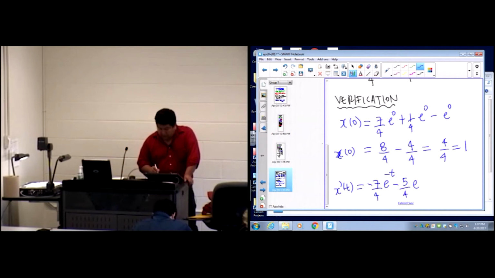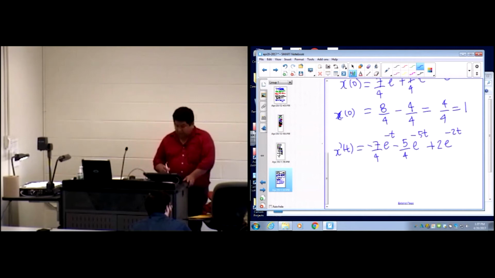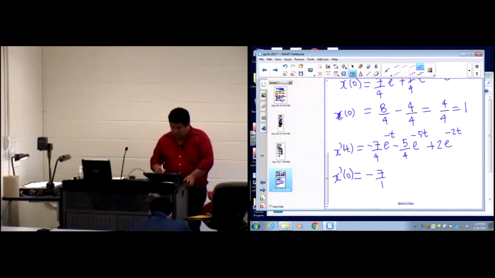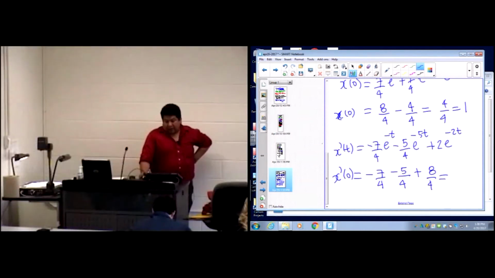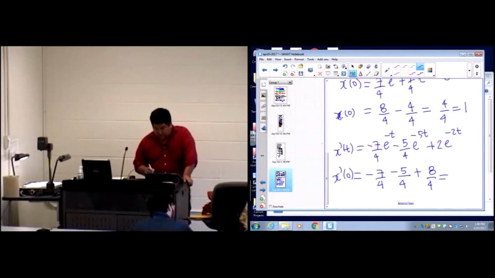If we evaluate the first derivative at 0, we're looking at minus 7 fourths times 1, minus 5 fourths times 1, plus 2, which is 8 fourths. So we have minus 12 plus 8 fourths, which is minus 4 over 4, which is negative 1. And negative 1 is the other initial condition. The first derivative evaluated at 0 equals negative 1.